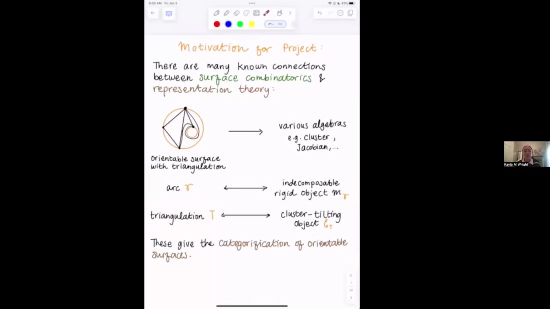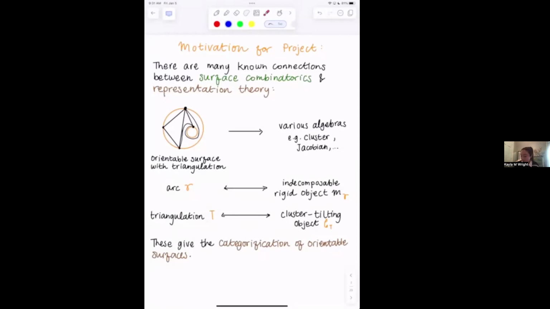So the motivation for the project is connecting a lot of surface combinatorics and representation theory. To an orientable surface and a triangulation of it, we can associate various algebras, for example, a cluster algebra, Jacobian algebra, etc. And there are really beautiful descriptions of module categories and cluster categories in terms of this topological setup.